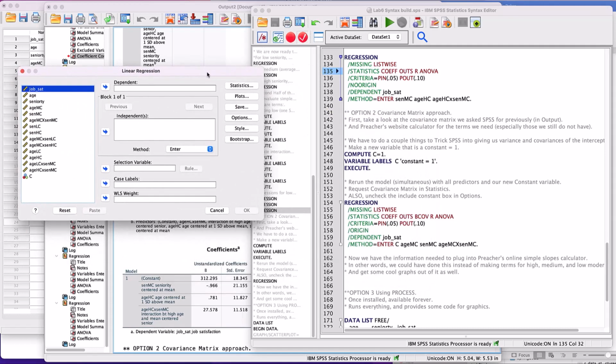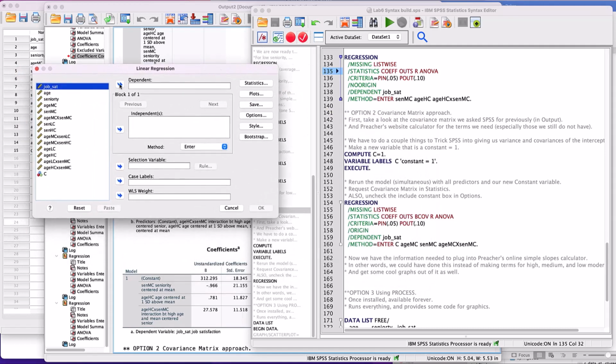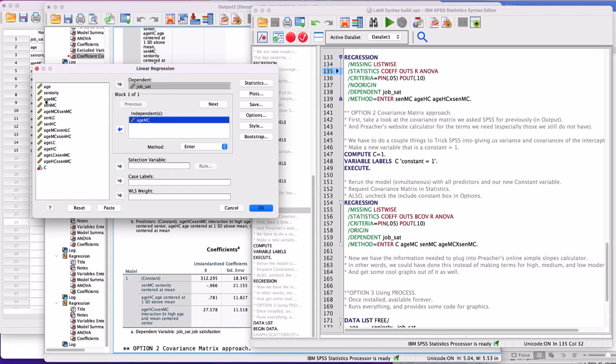And what I want here, my dependent variable, my centered age, centered seniority, my normal interaction term, and C. So I'm adding that new variable into my predictors here.